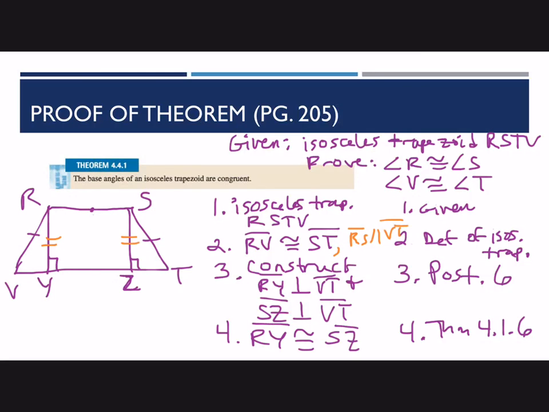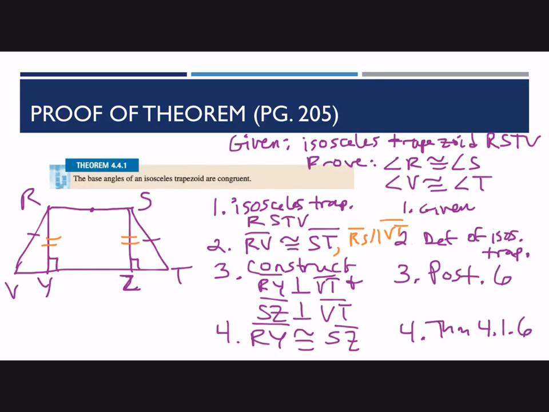All right, I'm going to use hypotenuse leg as a reason to show that these two little triangles are congruent. If you did not want to go with hypotenuse leg, it's a slightly longer proof, but you could still get there using one of the other reasons for triangle congruence. Okay, but the fastest way to do it is hypotenuse leg.